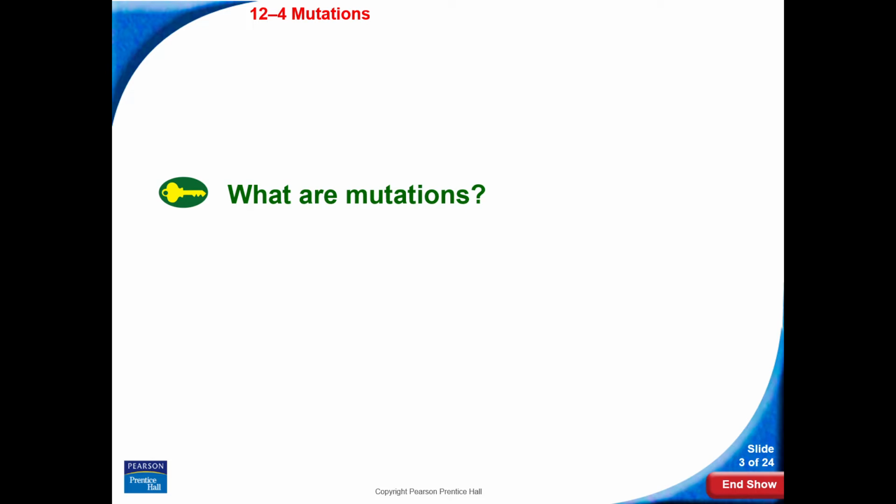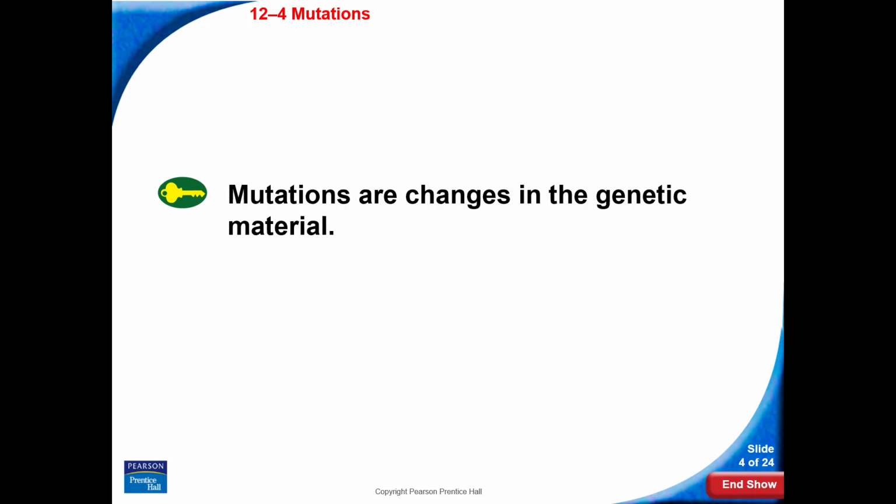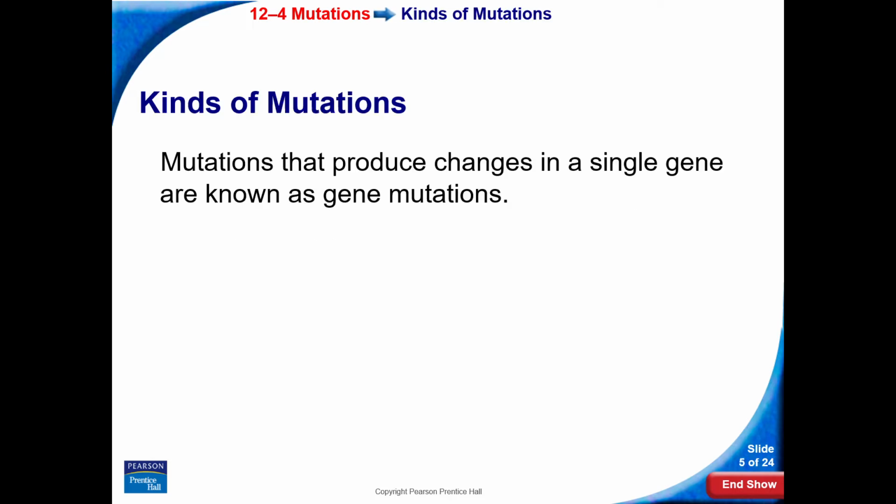We don't correct our mistakes in replication and things like that as well as we used to. So what are these mistakes? Mutations are those mistakes. Those are changes in the genetic material. Those are changes in the code, changes in the sequence of the nucleotides. And there are several different ways in which we can get these changes.